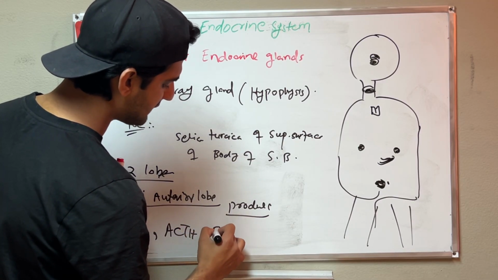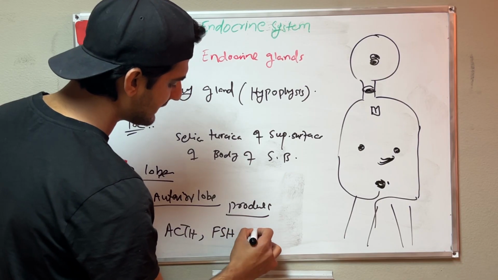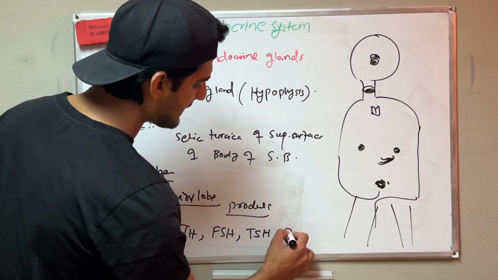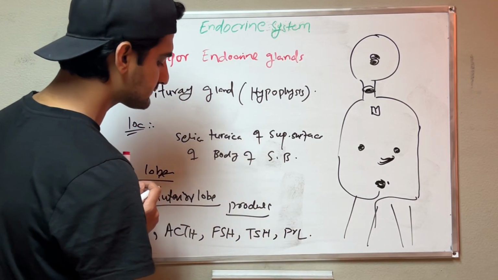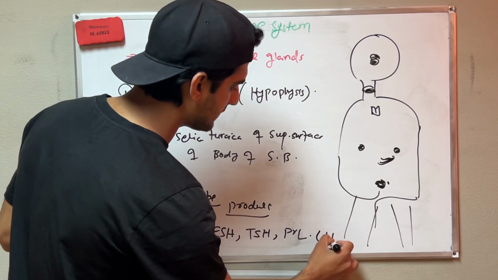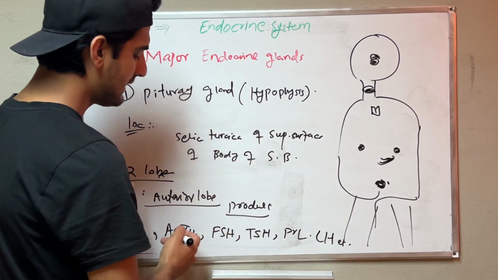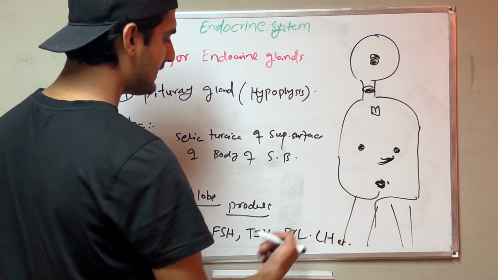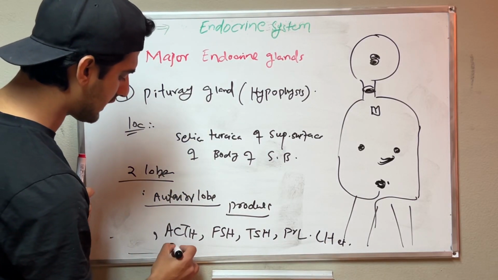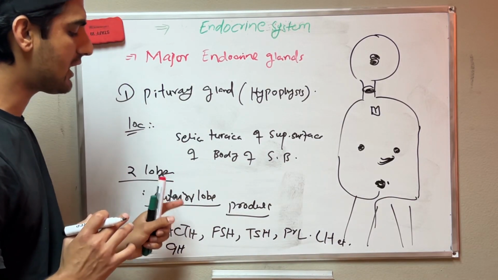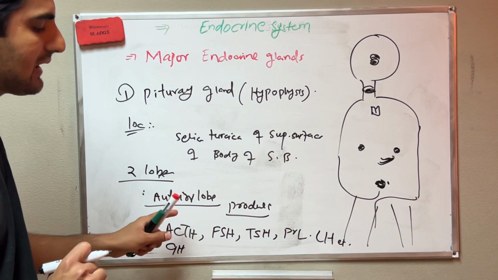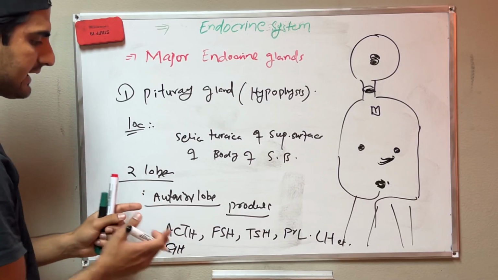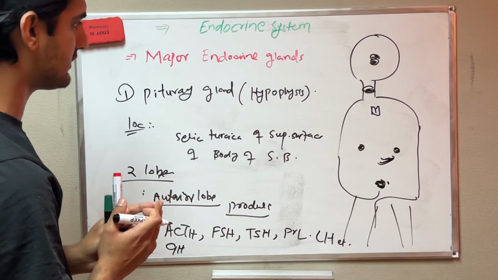Then we have FSH, follicle stimulating hormone, TSH, thyroid stimulating hormone, then prolactin, then luteinizing hormone, and also growth hormone. These hormones are produced only from the anterior lobe of the pituitary gland. Now we know the anterior lobe and the location of the pituitary gland.